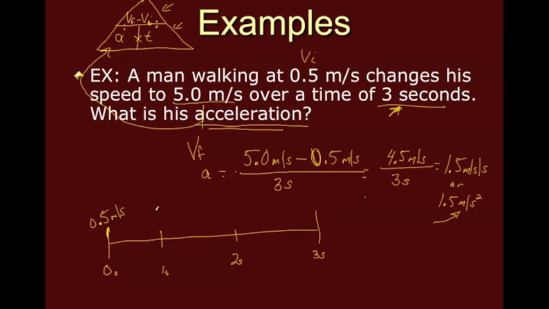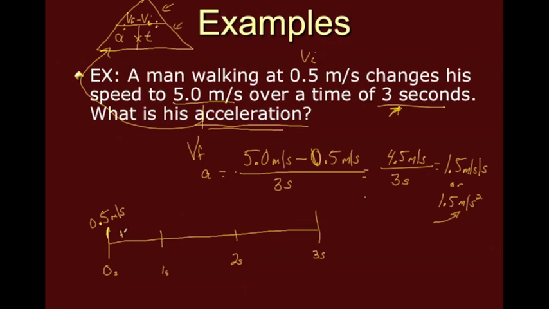Now, over those 3 seconds, he starts to accelerate, which means he's going to get faster. And how fast is he getting each second? Well, he's constantly accelerating at a constant rate. So he's going to increase his rate at the same rate every second. So 1.5 meters per second every second. That's what this is saying.